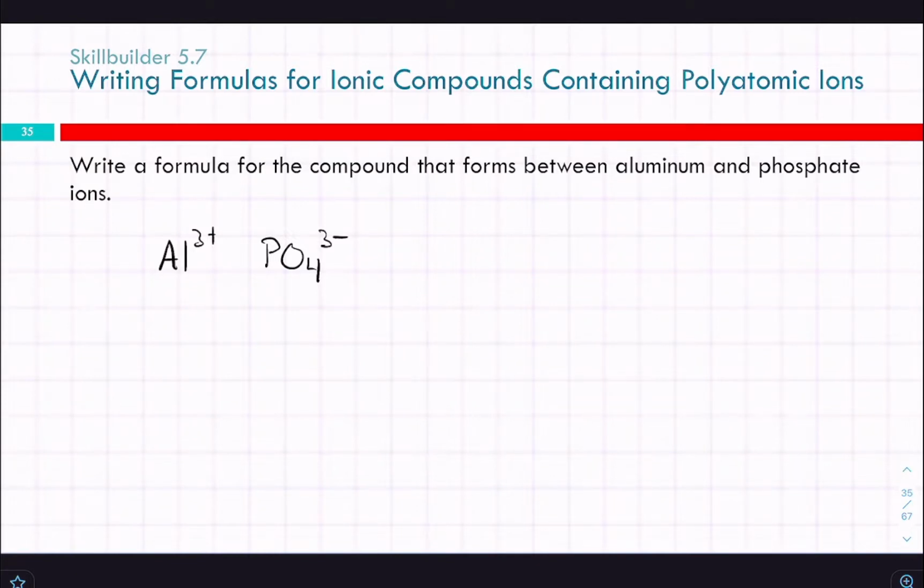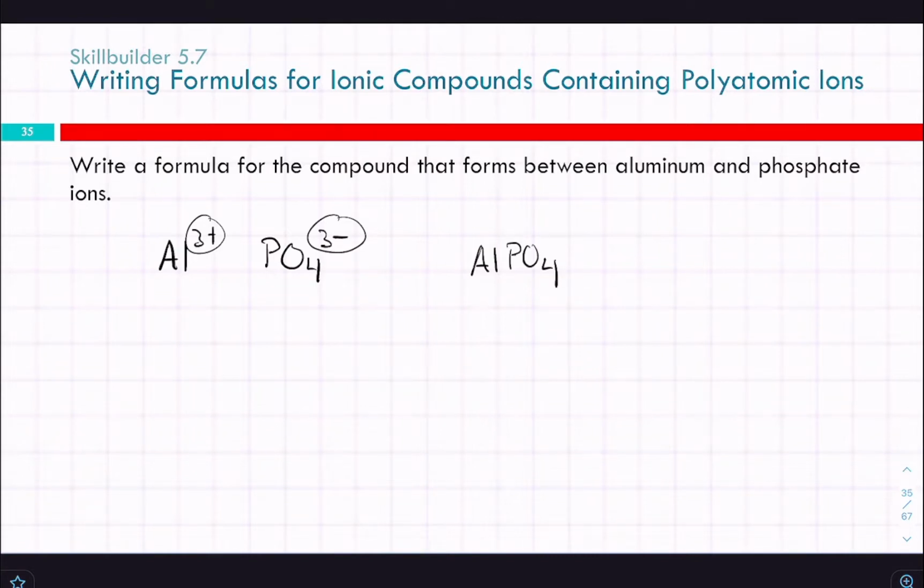Again, we can use the crisscross method here. Or we can say that aluminum has a 3+ charge and phosphate has a 3- charge. Those are already going to cancel each other out. So we're going to get AlPO4.